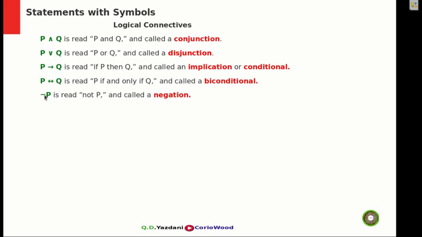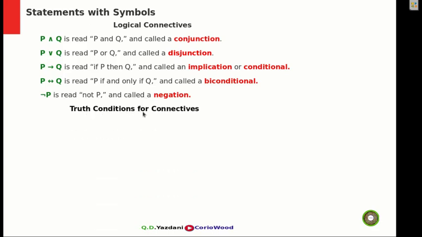And you see here a horizontal segment plus a vertical segment joined together, you can see this as the corner of a box or the corner of a roof, whatever you visualize, this is read as not P and called negation.